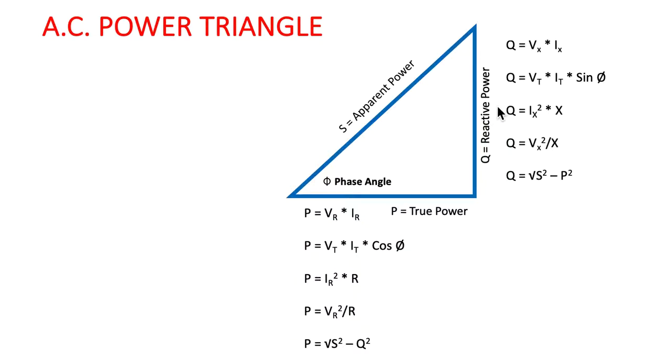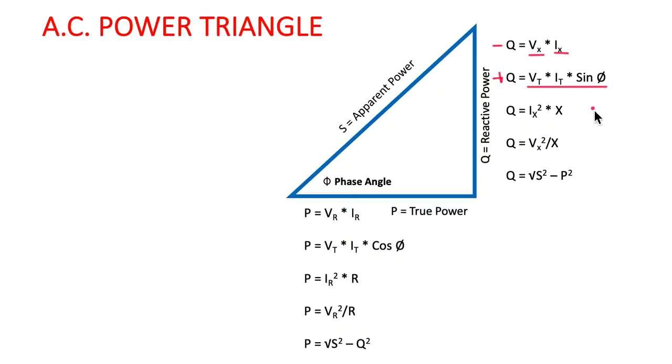Next, we have the reactive side, the Q. Again, you can use an Ohm's law approach, but only if you have the voltage across the reactance and the current through the reactance, and again, that tends to be rare. More often than not, you've got the voltage total and the current total, and you then multiply this time by the sine of the angle.